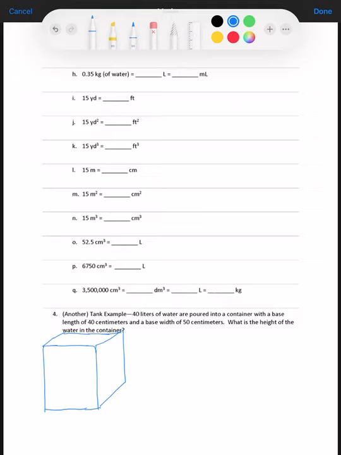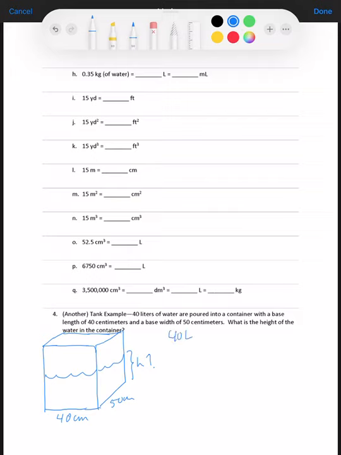We are given in our problem that the length of the base is 40 centimeters, and the width is 50 centimeters. The height we do not know of the water. So the water will be filled up at some certain point here, and here's the height. We do not know what it is. But we do know that 40 liters was poured in.